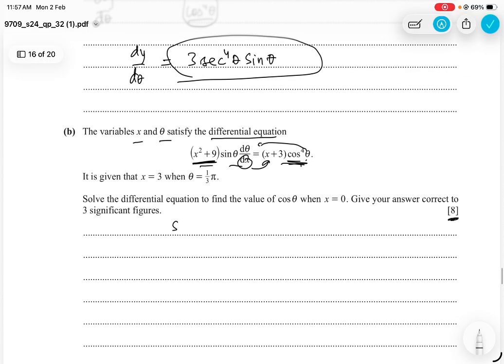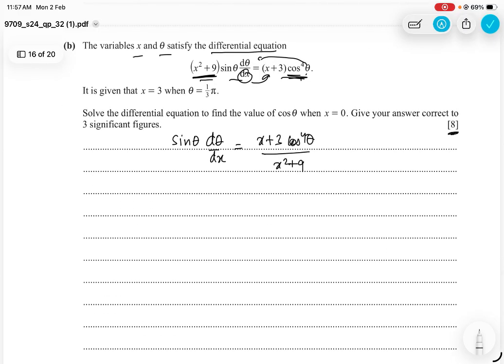So this would be sine theta d theta over dx equals x plus 3 cos 4 theta upon x square plus 9. Yes or no? Now this cos 4 theta will come this side and this dx will go to the other side.